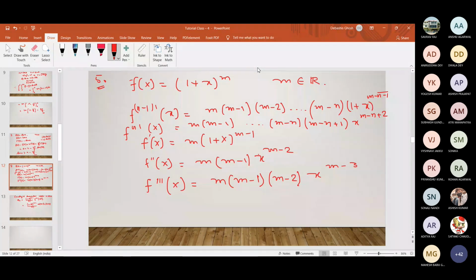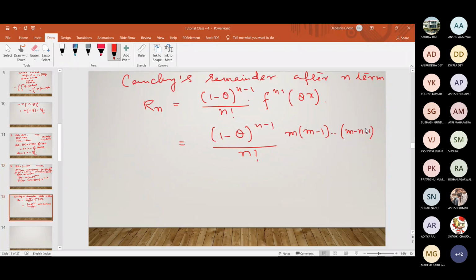There is no change in the power of this, so x will be replaced by theta x, that is 1 plus theta x. Here the factorial will be n minus 1 factorial.